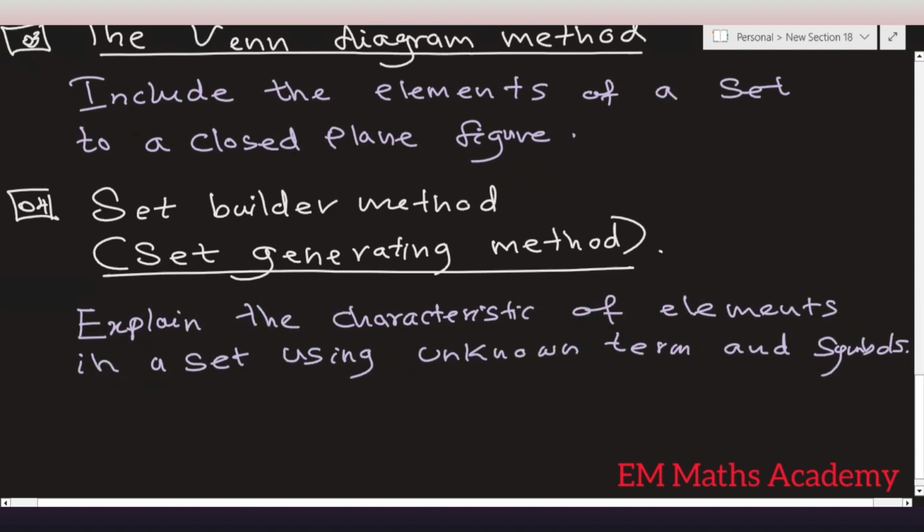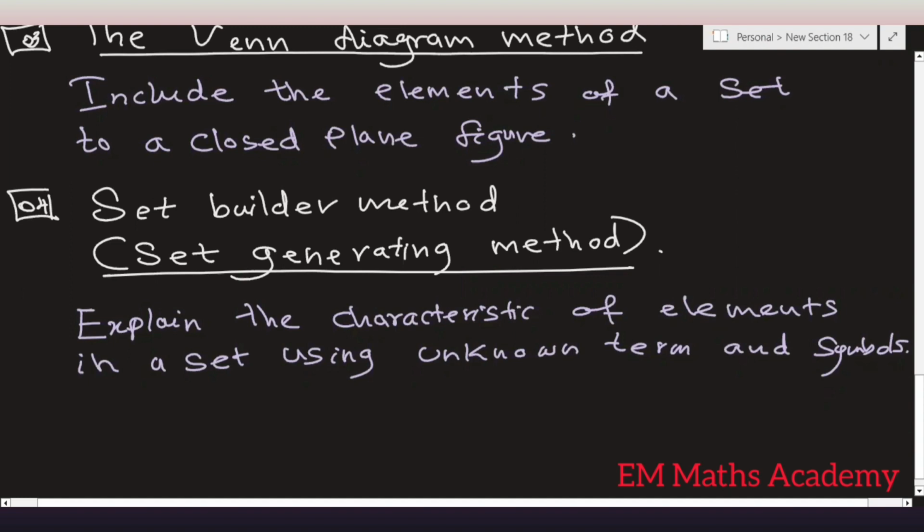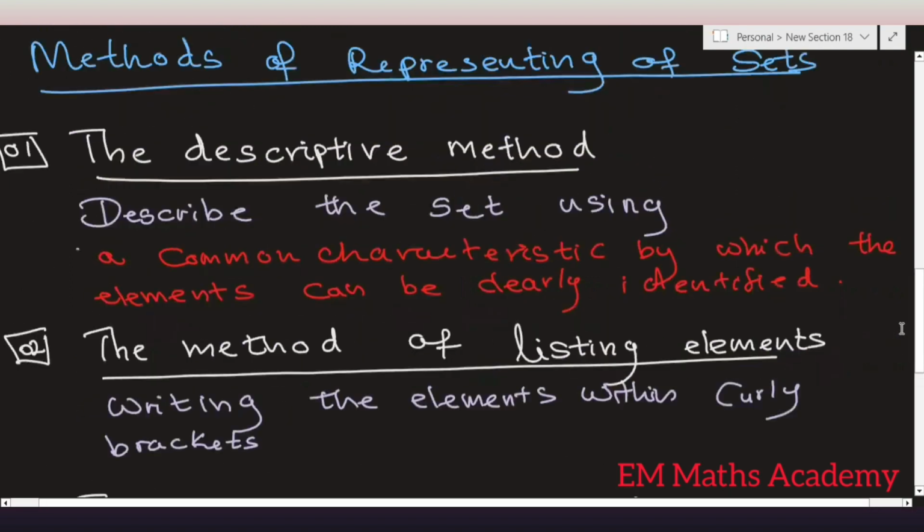We do not write the characteristic using Sinhala letters or English letters, or as a sentence. Here we mainly use symbols as far as we can. If there is no symbol to express these characteristics, then we write it using a particular sentence. But when you have particular symbols that can identify, then we use the symbols. Now these are the 4 methods that we use to represent a set.